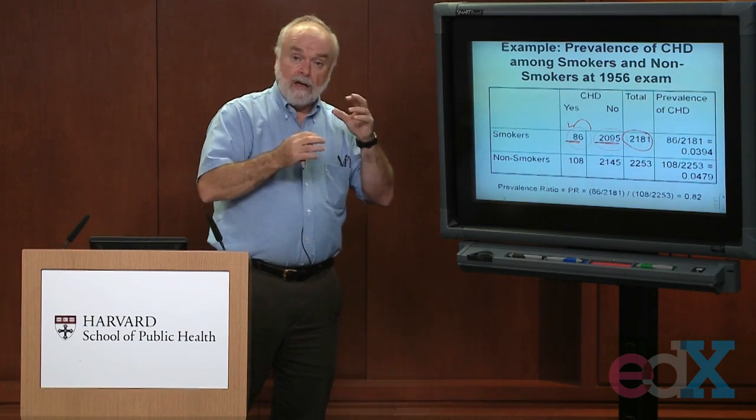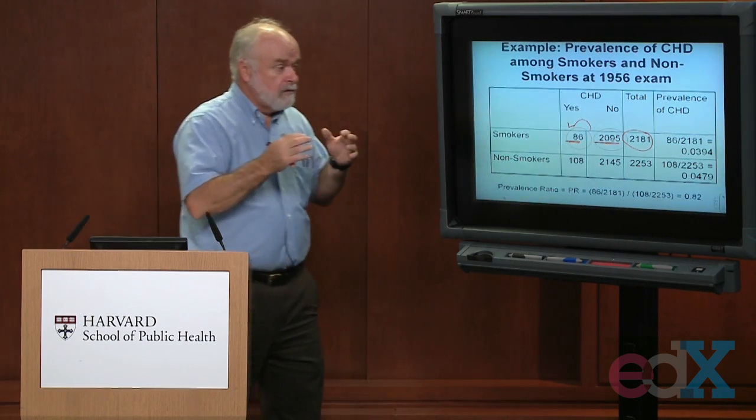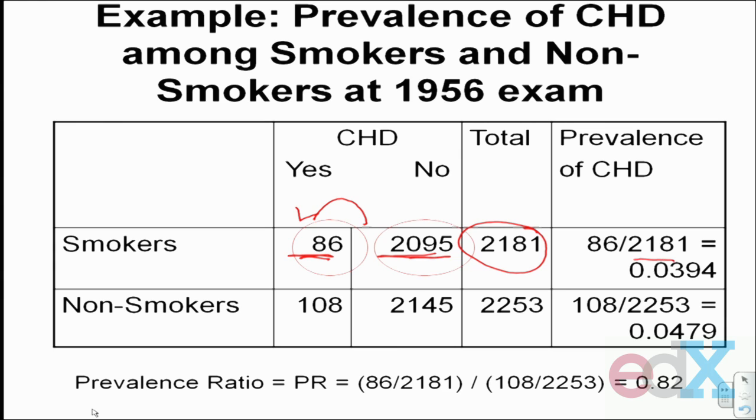So maybe that underreporting of true cases of heart disease among the smokers is the reason we're seeing the smaller prevalence among the smokers, and the reason we're seeing a prevalence ratio showing that smokers have less heart disease than non-smokers. So a measurement bias is another potential reason for finding this association in this cross-sectional study, as it is for many types of studies that we'll be talking about in future weeks.